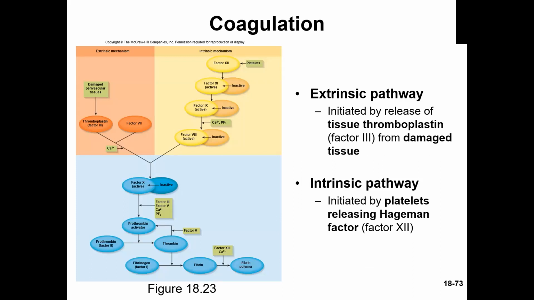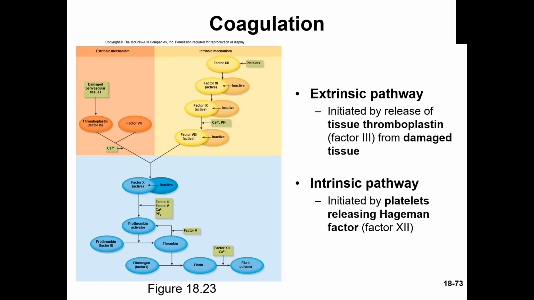So adding a little bit more to that, this picture may help you. The extrinsic pathway, again, is initiated or catalyzed by the release of what is called tissue thromboplastin, or factor 3. This is from the damaged tissue. So if you bump yourself and you get a bruise, okay, this is happening. So the vessel gets damaged, tissue thromboplastin or factor 3 will be released in order to begin coagulation.